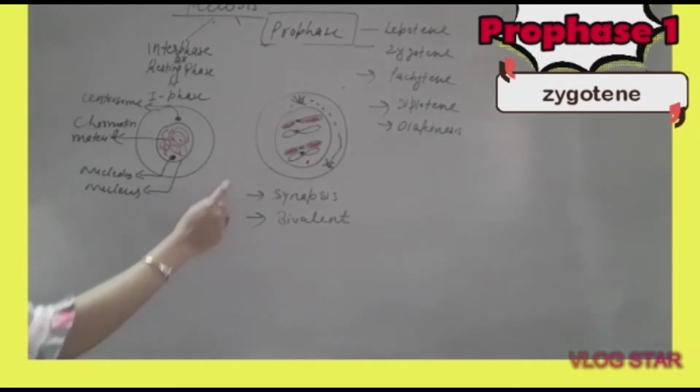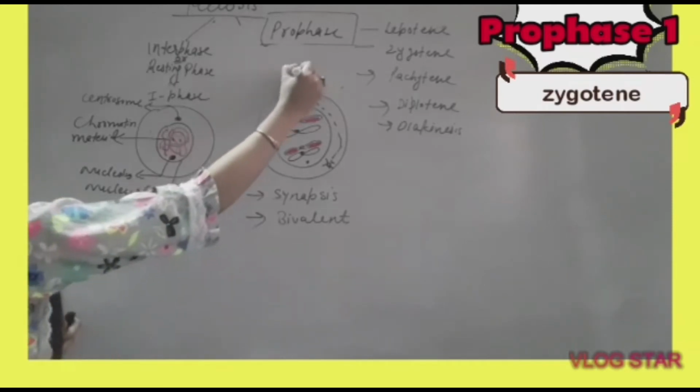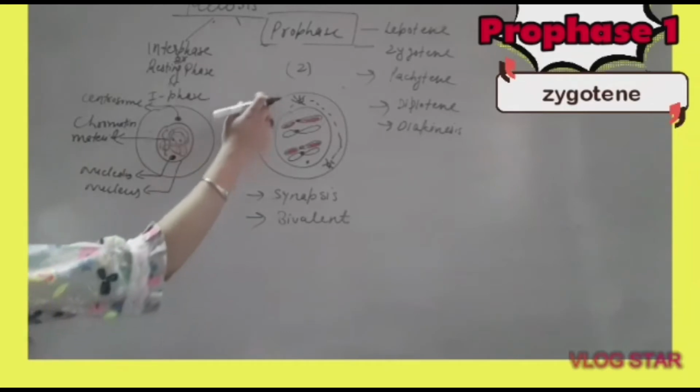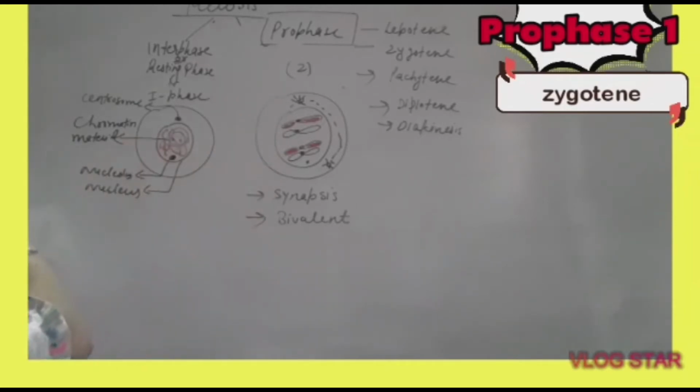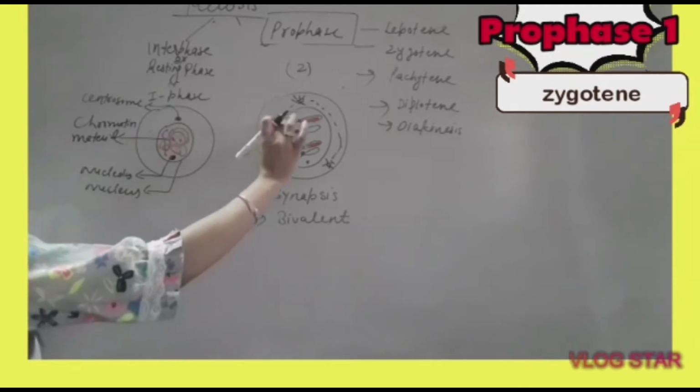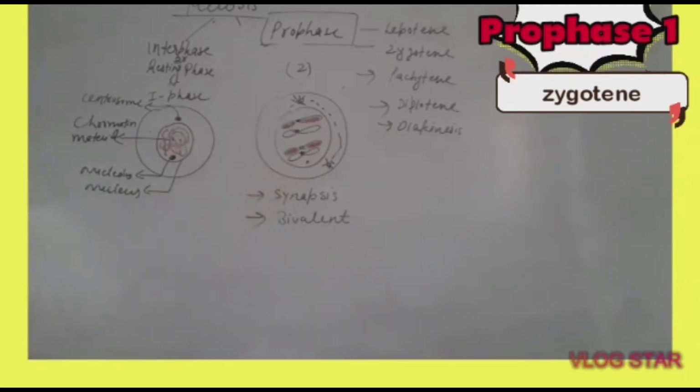The biggest change which is observed in zygotene phase, this is Z phase. The last one which I drew was L phase. What changes are observed in zygotene phase? The chromosomes, homologous chromosomes, lie parallel to each other.